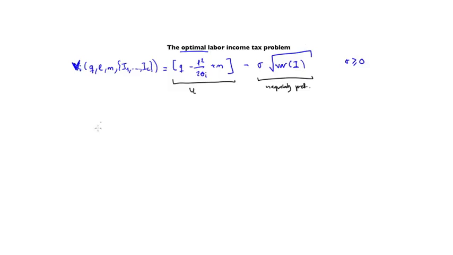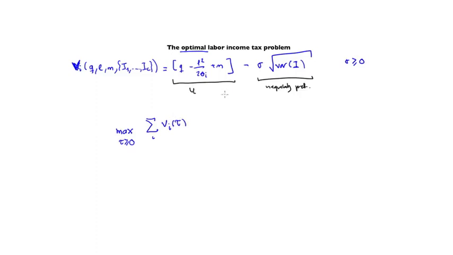Now, notice also that this depends on the type of the individual, theta_i, but this term we have assumed just for simplicity is the same for every individual. Nothing that we're going to derive really depends on that. Now, the optimal tax problem can be written as maximize over tau greater or equal than 0, the sum over i of the V_i's, this big utility function, as a function of tau.